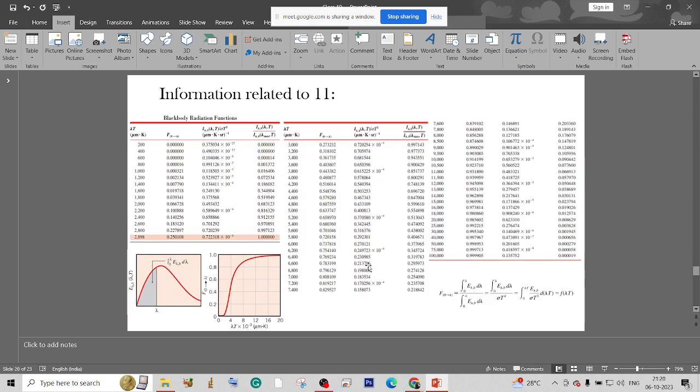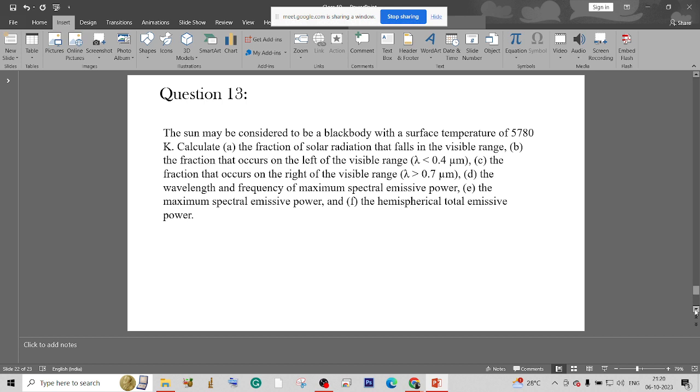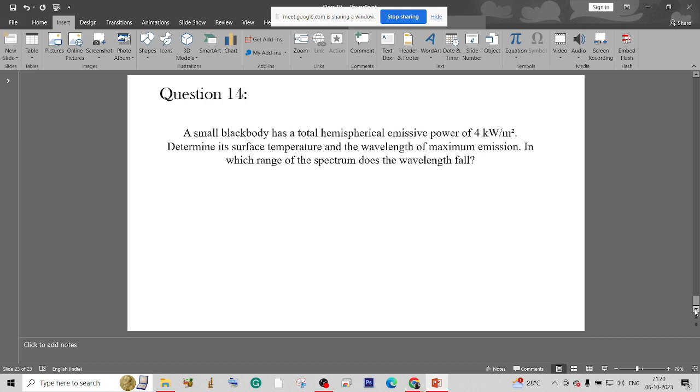And another question is also there, over there also you can use this information. There's the fraction, how it is related to emissive power, it's given here, and how you can use this. This question number 12, this question number 13, this question number 14.